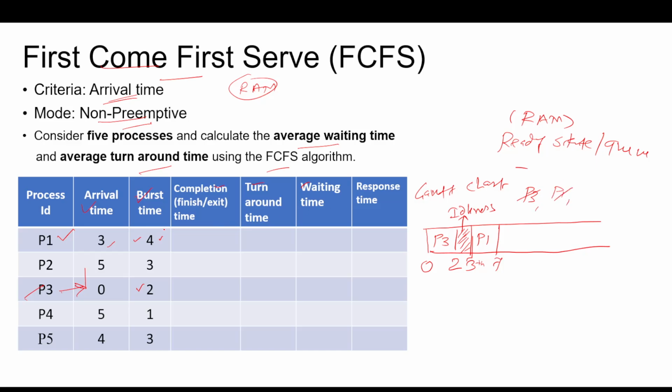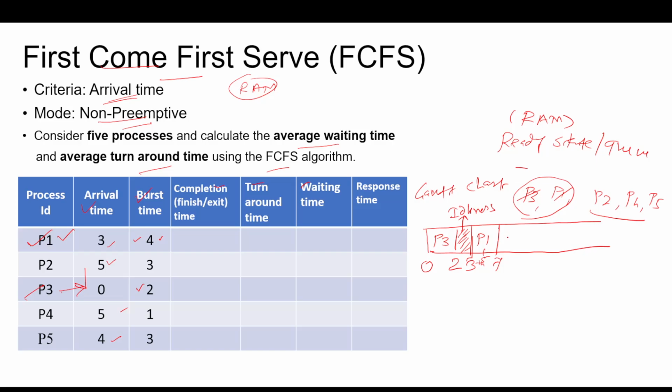Yes, P2 has also arrived between 3 and 7. P2 arrived at 5 units, P4 has also arrived, as well as P5. That means in the ready queue now we have P2, P4, and P5, because we have already executed P1 and P3.